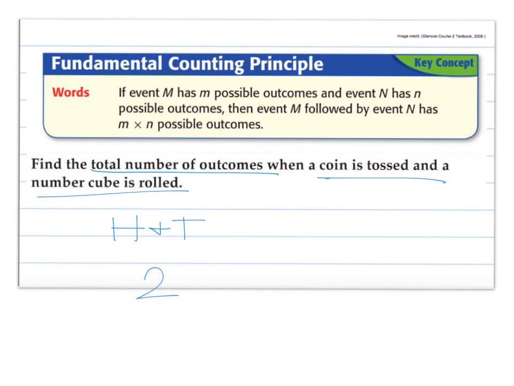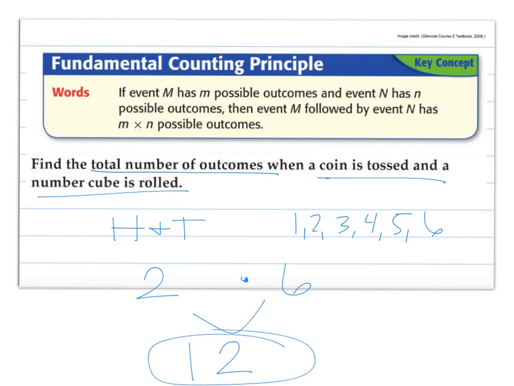So that's 2. For a number cube, I have 1, 2, 3, 4, 5, and 6. So that's 6 possible outcomes. So by the fundamental counting principle, there are 12 outcomes for those 2 events to happen together.